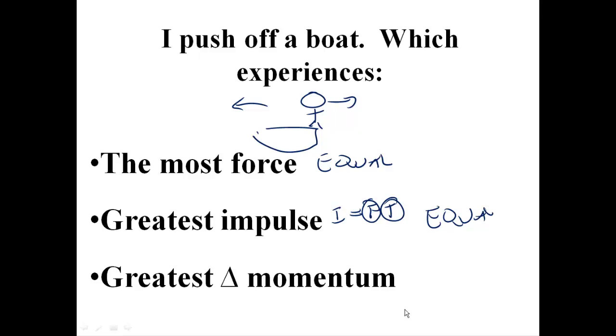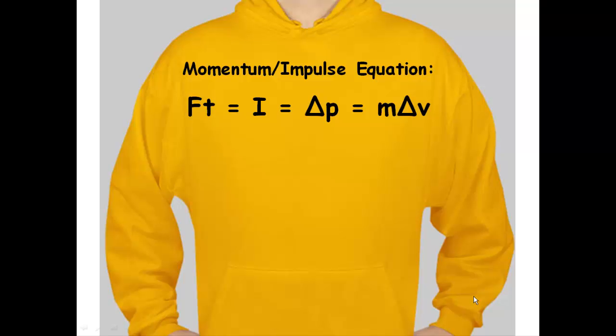So who has the greatest change in momentum? If you remember from before, that impulse, the force times time, is equal to the change in momentum. So again, it's equal as well. So this relationship can be written as such.